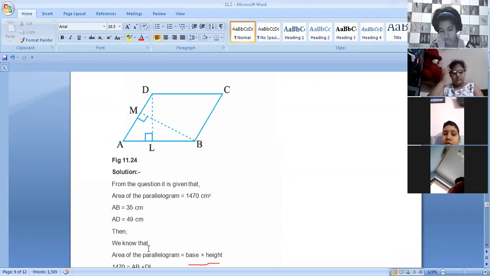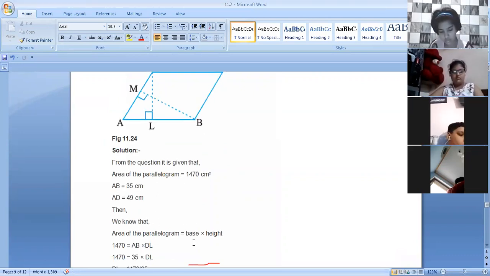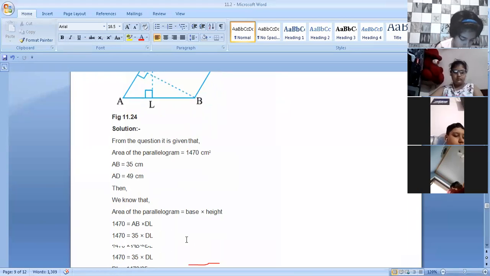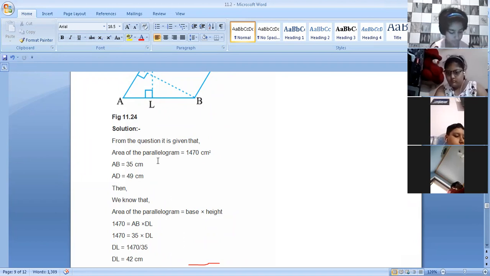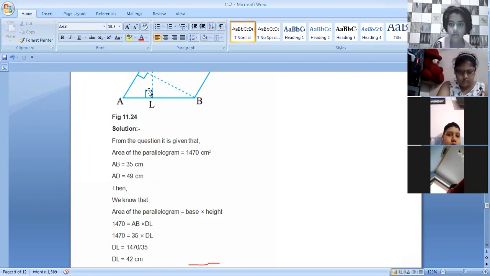Now to find the area of a parallelogram, we'll write 1470 is equal to AB into DL. Base is AB and DL is the height. Yes, 1470 when divided by 35, you get 42. Right answer, Lakshya Chandra. 42 centimeter is your DL, that is your height.